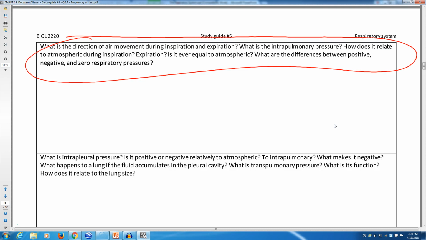Huh? The lung collapses. Why? There are two things that make the lung collapse physiologically. Why does it become smaller? Because it's elastic.